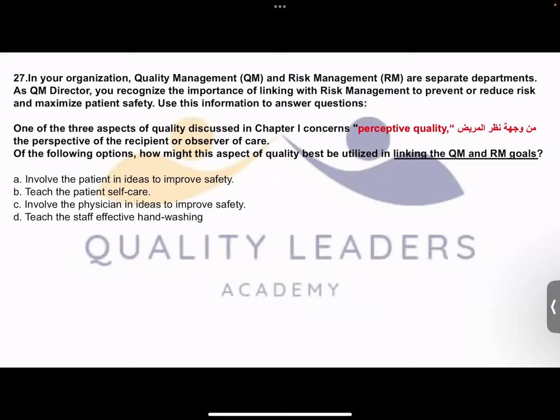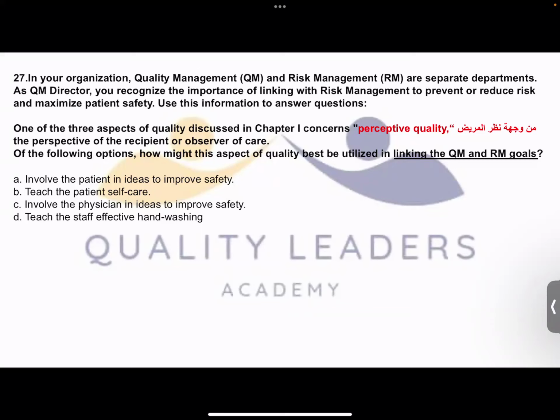Use this information to answer question one of the three aspects of quality discussed in Chapter 1 concerns perceptive quality, the perspective of the recipient or observer of care. Of the following options, how might this aspect of quality best be utilized in linking the quality management and risk management goals? For letter A, involve the patient in ideas to improve safety.